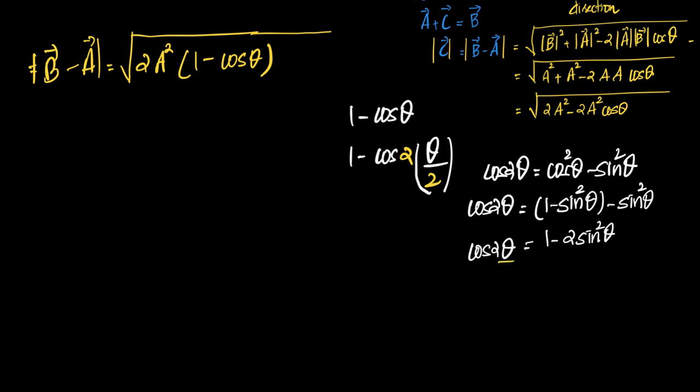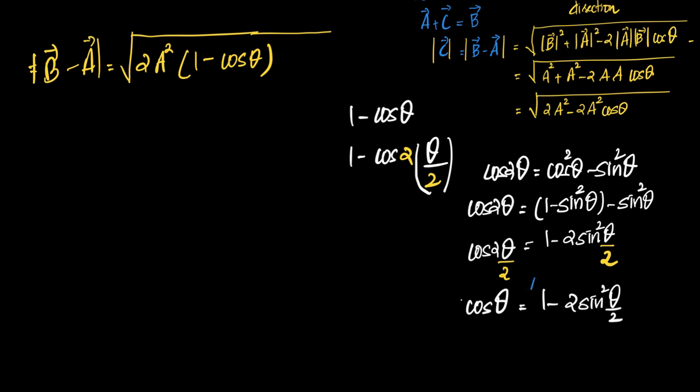Now, if you divide this theta by 2, cos 2 theta by 2 will become cos theta, as 2 by 2 becomes 1. So cos theta will become 1 minus 2 sin square theta by 2.